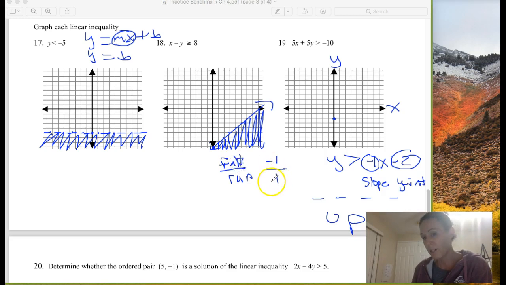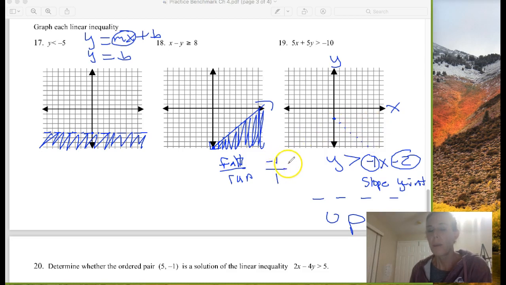If the denominator is negative, then you can run to the left. So y-intercept negative 2, I fall first and then run 1. Fall, run. So if it's negative, you fall instead of rise. Okay. So you do all the falling and the running, falling and the running, falling and the running.